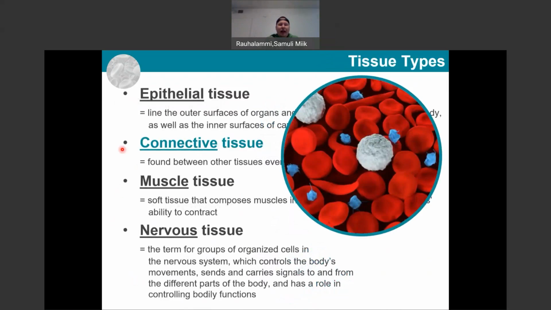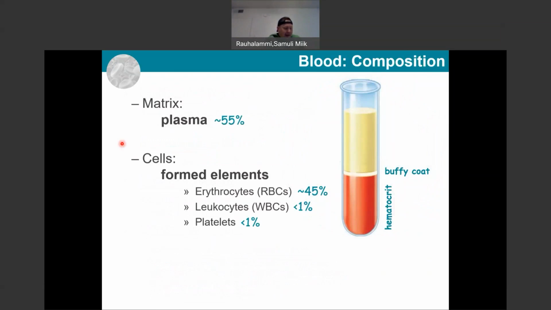If we remind ourselves that blood is a special type of connective tissue, we revised different tissue types earlier on in your studies, and blood was the odd man out from the connective tissues. Here we are seeing a nice listing of everything that blood is made of.